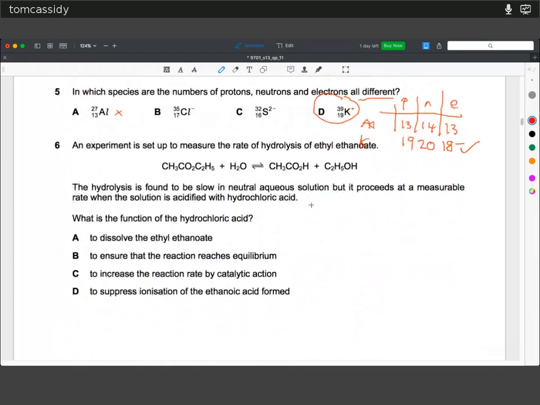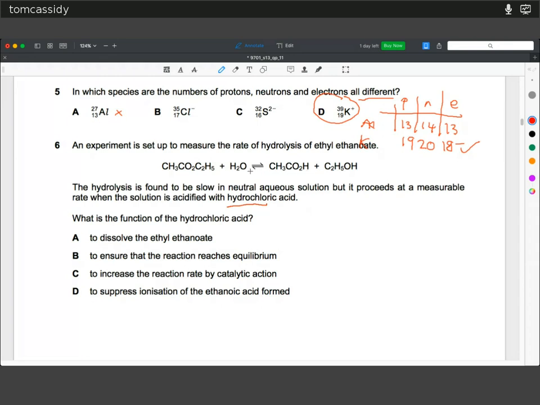Question 6, nice easy one again, really applying GCSE knowledge. It's looking at this reaction here, and it tells you that it's quite slow, but if you add acid, then the reaction goes faster. So you've got to think, well, can I see acid anywhere in that equation?